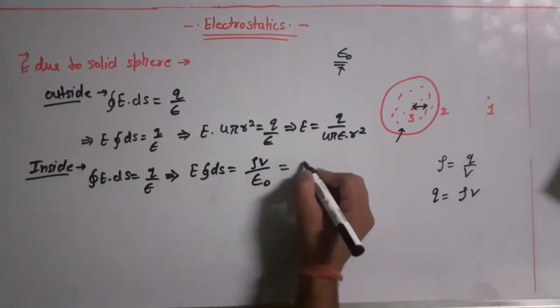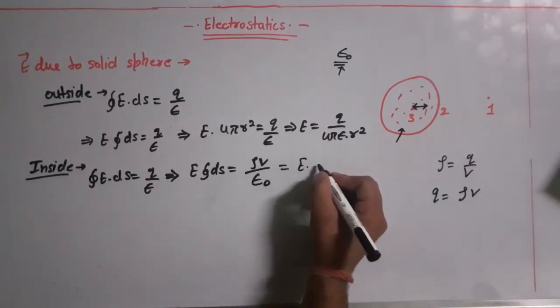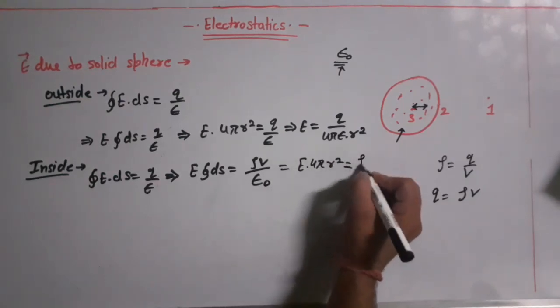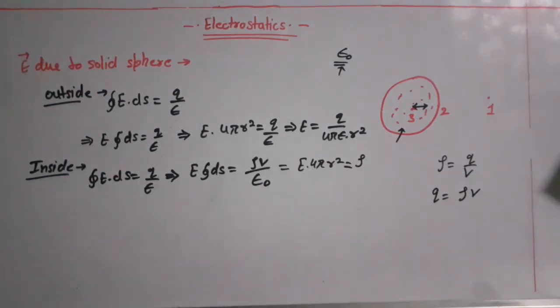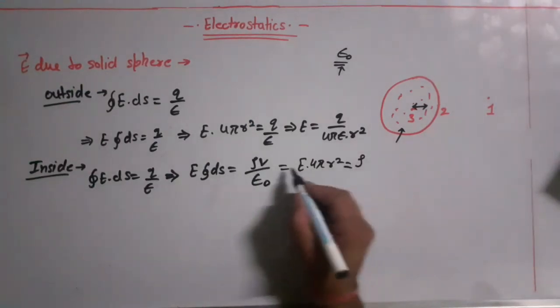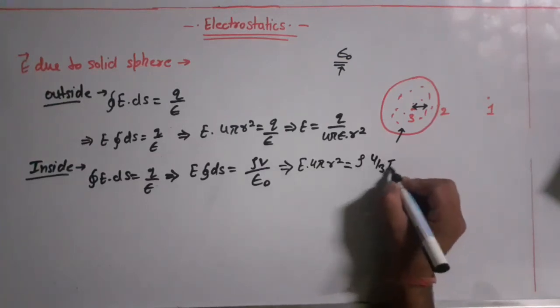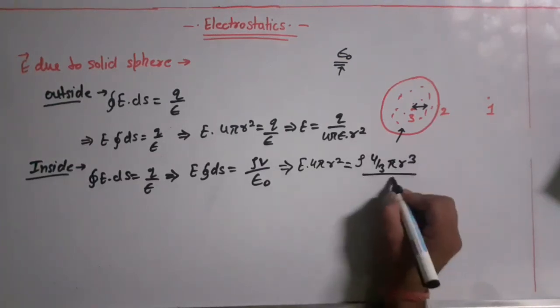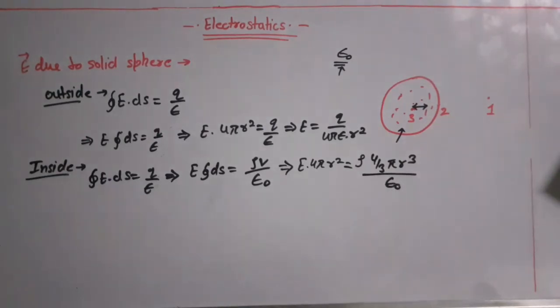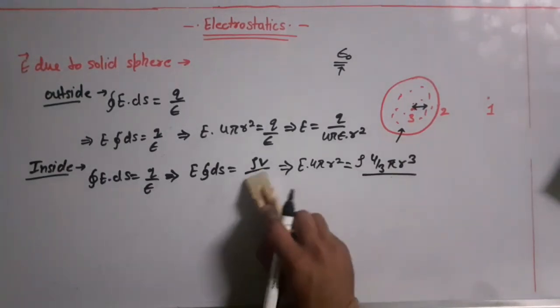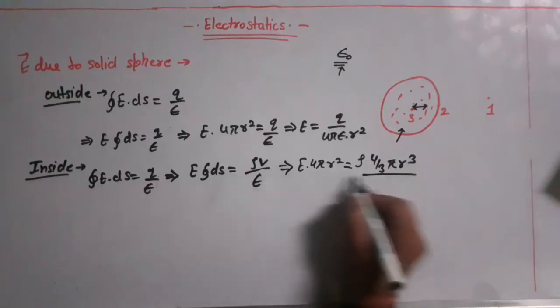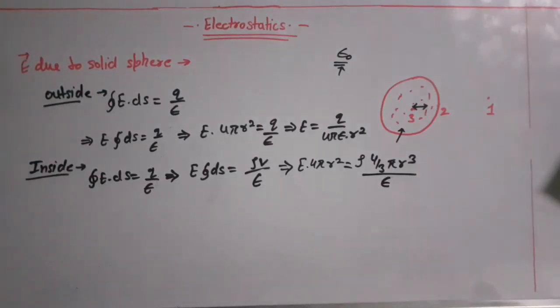Next we will get E into 4 pi r square is equal to rho. And what is the volume of this solid sphere? The volume of this solid sphere is 4 by 3 pi r cube divided by epsilon. Again always remember that you have to take epsilon, not epsilon naught.